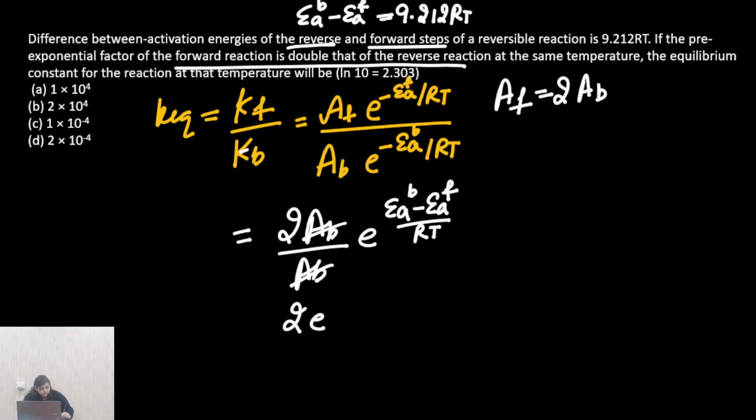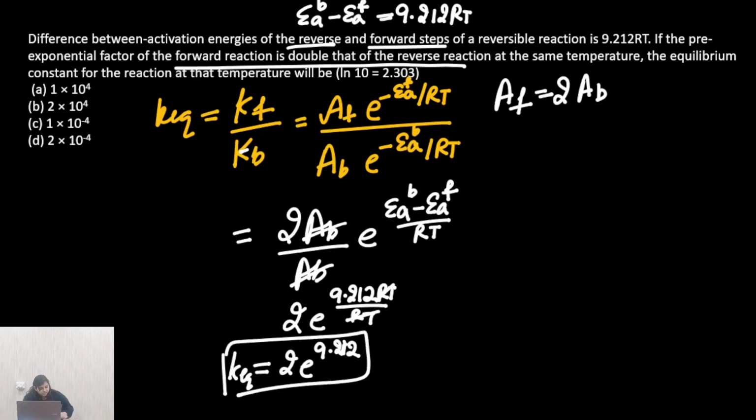So 2 times e raised to the power of 9.212 RT upon RT. So this and this will get cancelled out. So 2 into e raised to the power of 9.212. This is going to be your answer, that is going to be K equilibrium. So this exponential power you can find, and this is going to give you the answer.